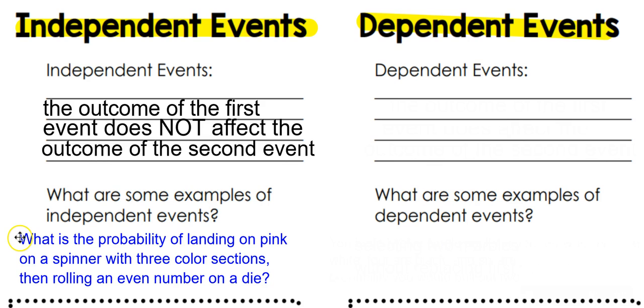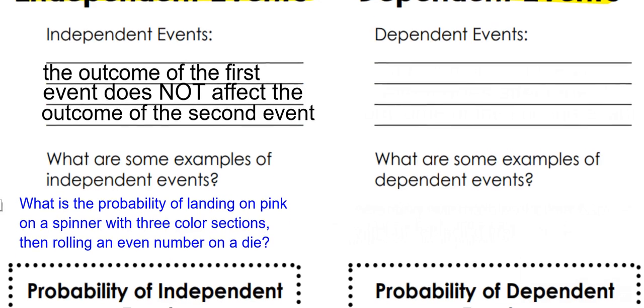So go ahead and write down this example. We've got two separate events. Neither one of them is tied to the other. Spinner, doesn't matter if the die lands on one, it could still have the same probability of landing on pink.